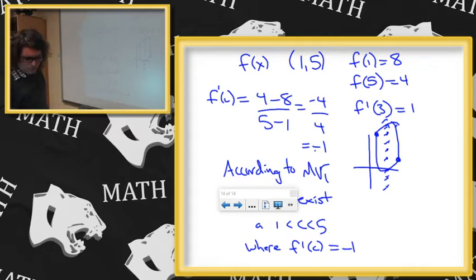So if it's differentiable on that interval, it means there's a value at each point.